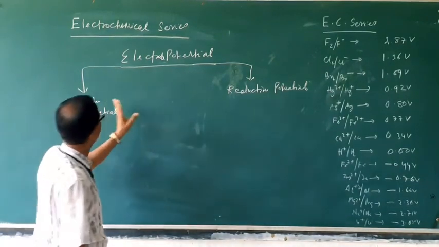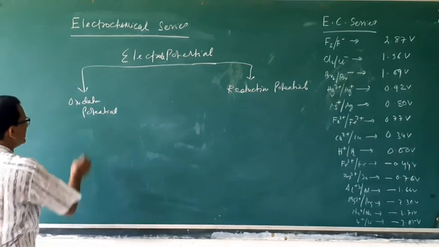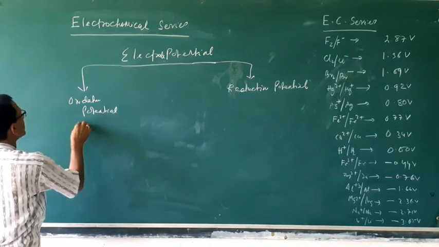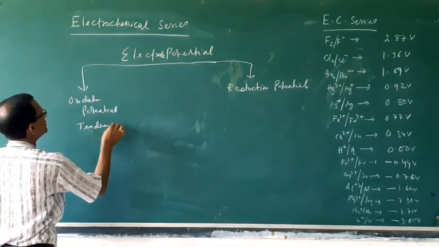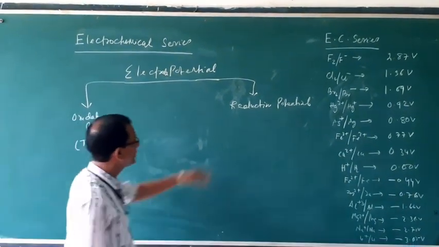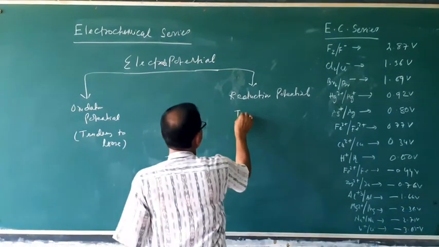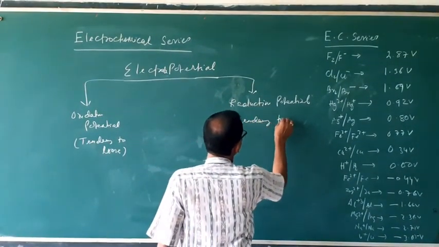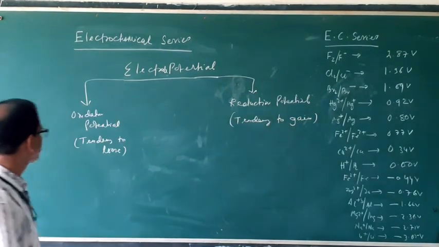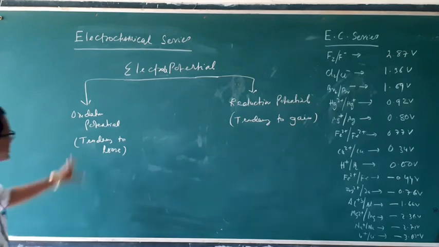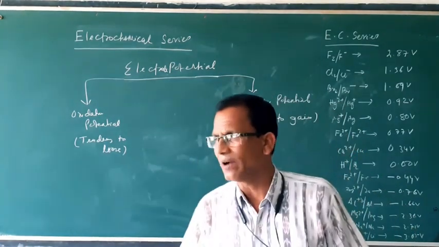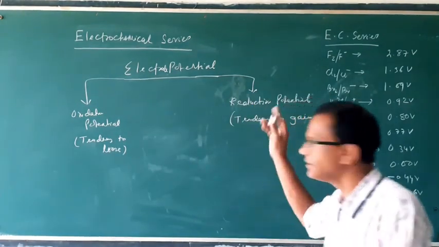This oxidation potential means tendency to lose. Reduction potential means tendency to gain. This is the difference. If losing tendency is more, that is called oxidation potential. If the tendency to accept electrons is more, that is called reduction potential.